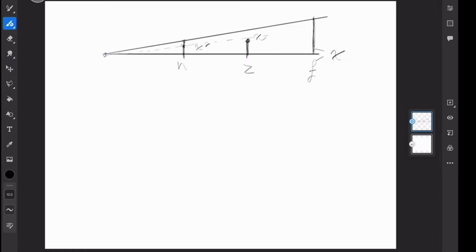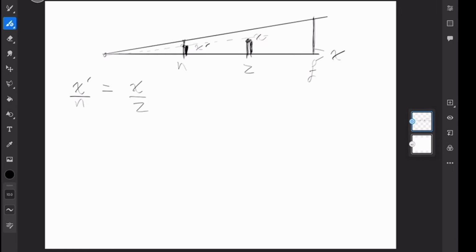So what we can do is use similar triangles. By similar triangles, this proportion here should be equal to this proportion here. So we have x dash over the near, that gradient there, is equal to x over z.